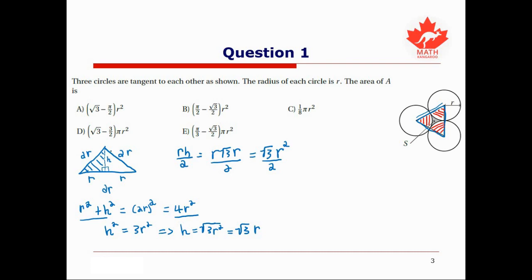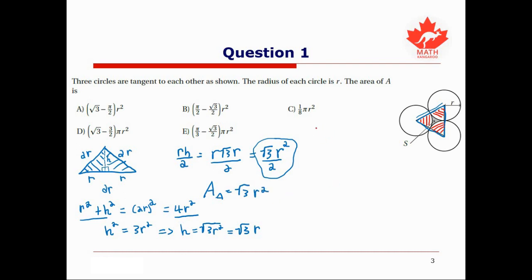And since both of these triangles are just mirror images of each other, the area of the total triangle composed of both of these would just be 2 times this quantity. That is, the area of the triangle is given by 2 multiplied by root 3 multiplied by r squared divided by 2. So it is root 3 times r squared.